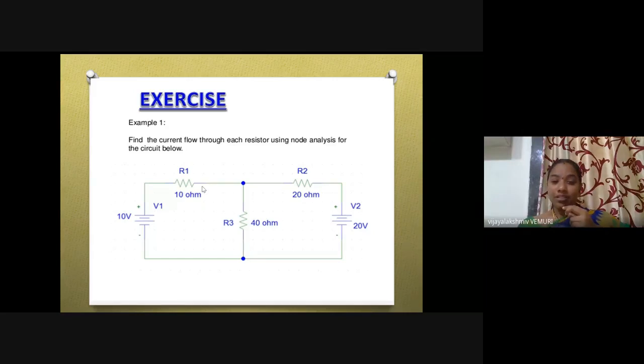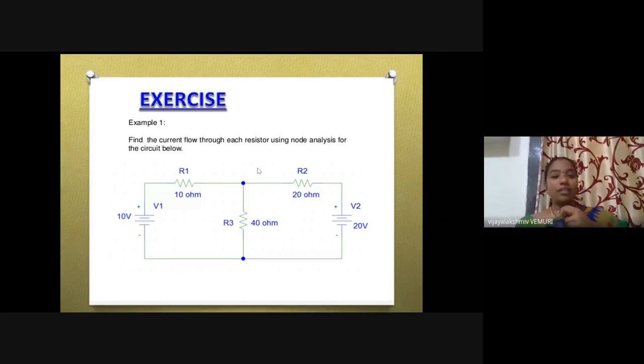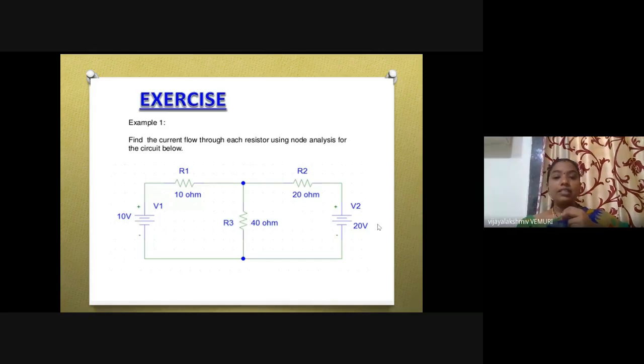How many essential branches do we have? 3. Very good, 3. That's what I told. See, normally we have 5 branches, but I am talking about an essential branch. Both are considered to be one branch here because the current flowing through these two is the same. So 1, 2, 3. So 3 essential branches are there in this circuit.